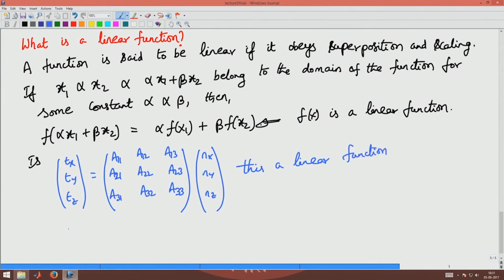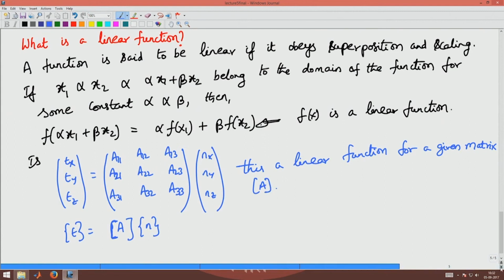In other words, is T equal to A times n a linear function for a given matrix A? Okay. So, what should I do?